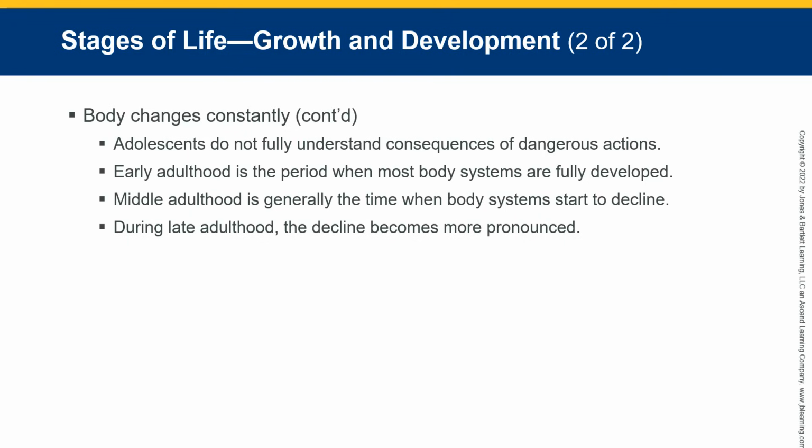As we continue on, we get into the adolescent stage, and not only are they awkward and still trying to figure out their body because it's still growing, that is where all of the hormones start kicking in and the boy parts and the girl parts start really developing. We call adolescence the point where puberty happens.